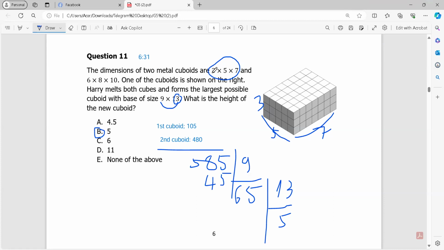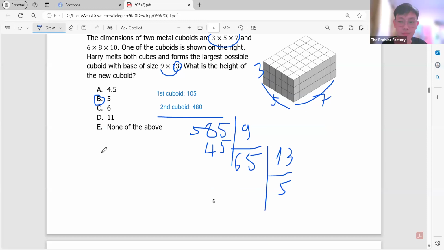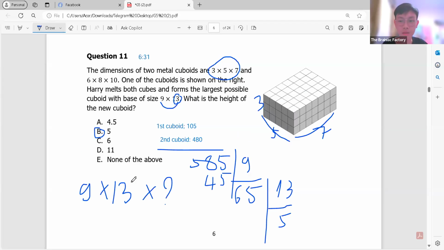Yes, and how do you divide it to get the answer? Okay, so the new cuboid is written as 9 times 13 times something. They are giving us just the dimensions of the base, so we need to find the height.